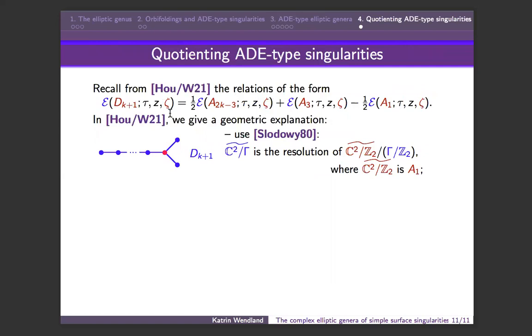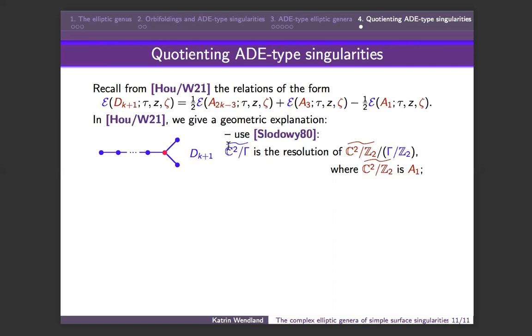I said, well, this is just a technical way of writing things more conveniently, so I don't have to fill the whole transparency with theta function expressions. But it is kind of odd that the D_{k+1} singularity can be expressed in terms of A-type singularities. Shouldn't there be a geometric reason for that? And here is the reason for that. We learn how to do this from beautiful work by Slodowy, who among many other things teaches us the following.